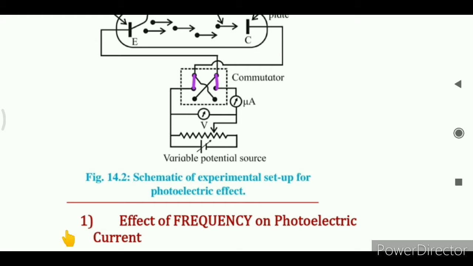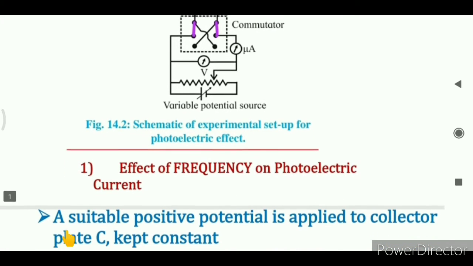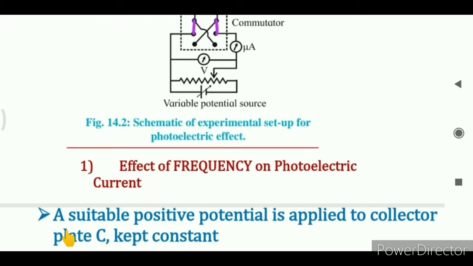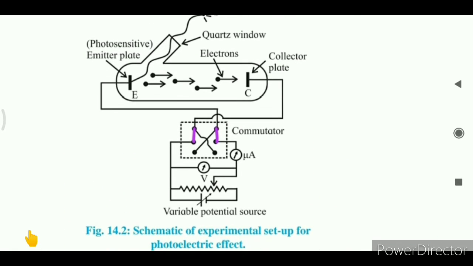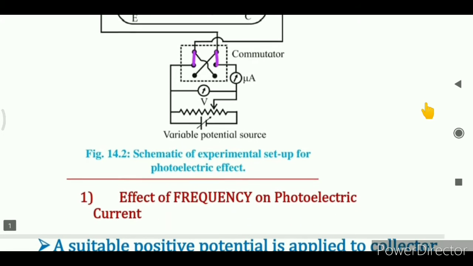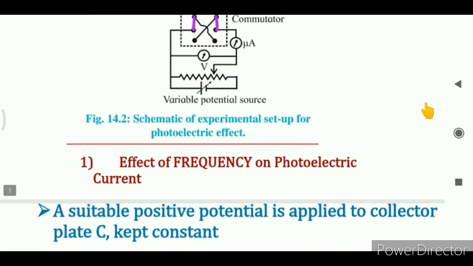Over here, to see this effect, first of all, a suitable positive potential is applied to the collector plate C, as we already saw in this diagram. We keep this positive potential constant.